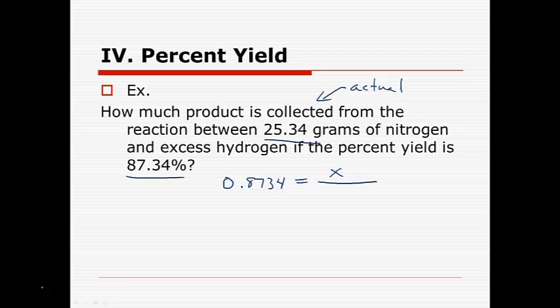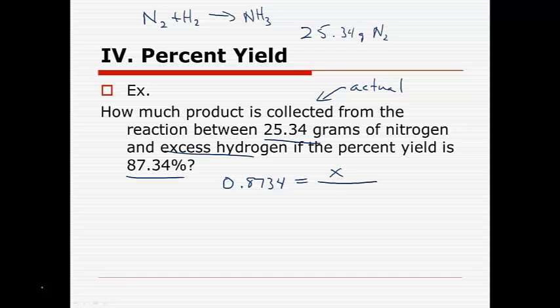25.34 grams of nitrogen N2, and excess hydrogen, so you don't need to worry about what's the limiting reactant. The problem is, what's your product going to be? Well, it's N2 plus H2. You should know from the last chapter, nitrogen and hydrogen give you ammonia. So balance this.